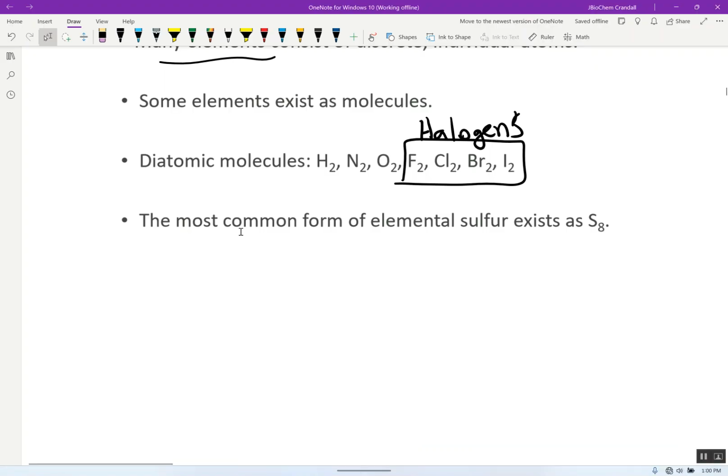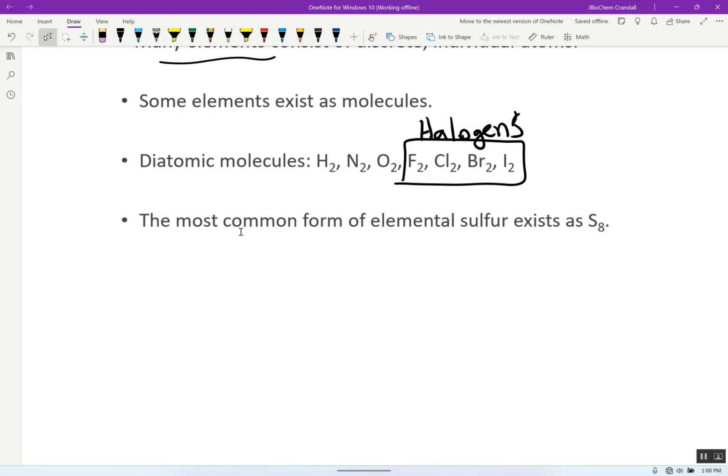Okay, so those are all grouped together in the same family, meaning they have the same valence electrons, and they each exist in the same way as these diatomic molecules. Okay? Oxygen, also diatomic. Nitrogen is diatomic. Carbon is not. Carbon is not diatomic.